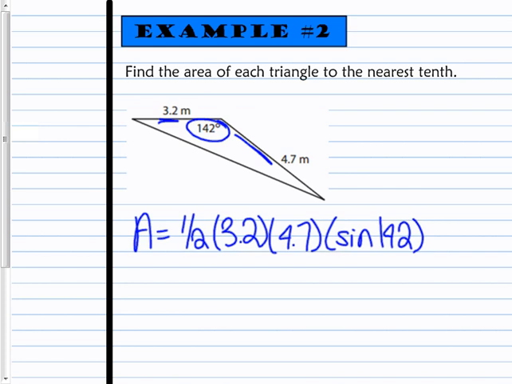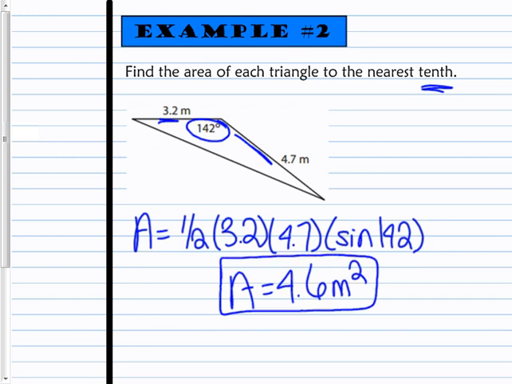You simply plug all of that into your calculator. 142, sine is 0.6156, so on. Multiply that by 4.7, multiply that by 3.2, multiply that by 1/2, or divide it by 2, however you prefer. We're going to the nearest tenth, so the area is 4.6 meters squared. Okay? Simple as that.